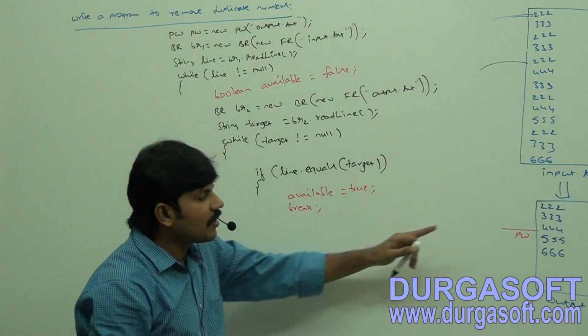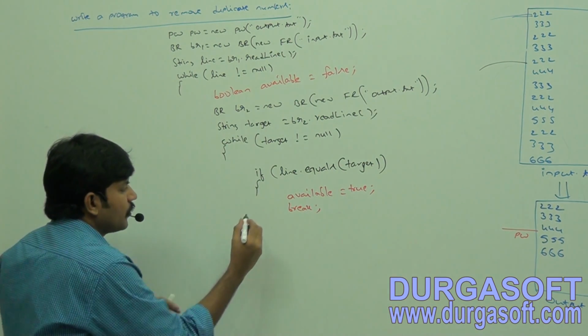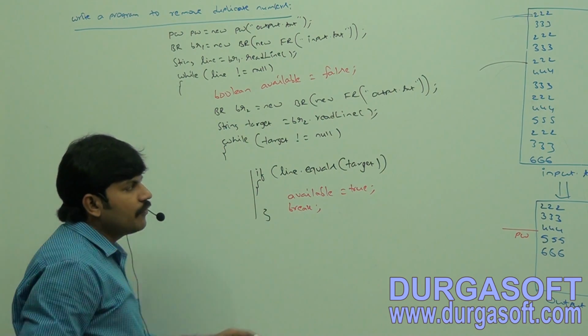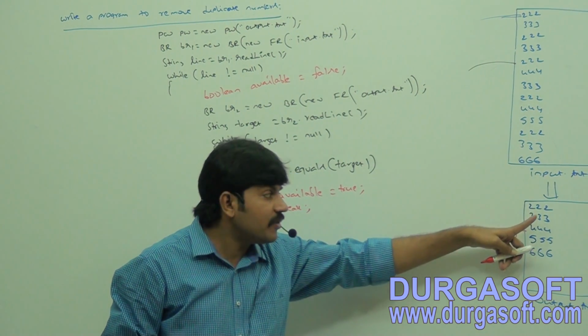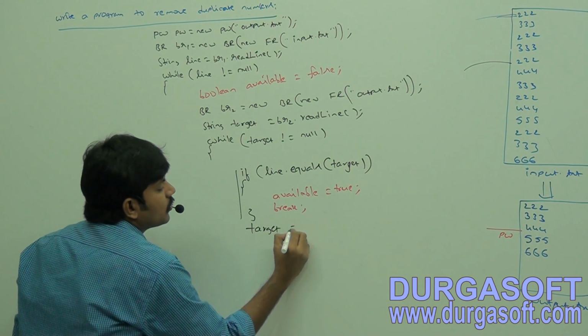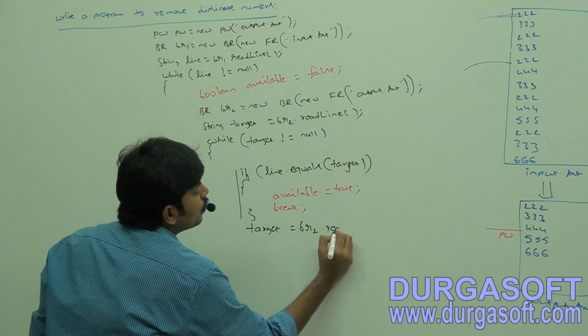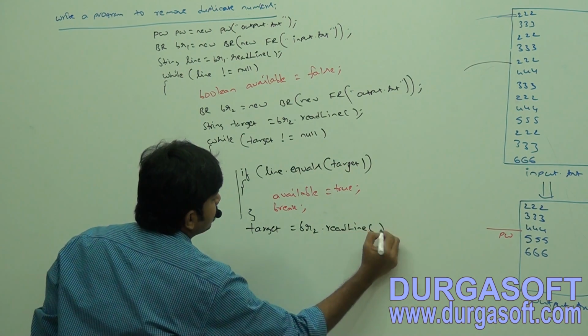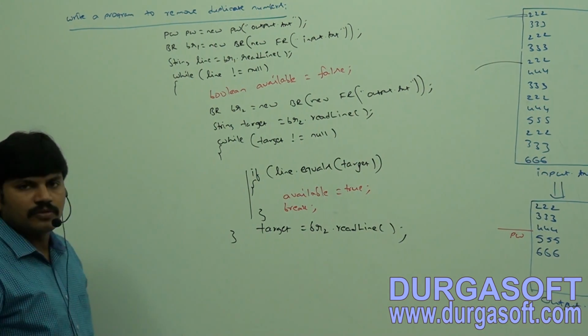You are not required to compare with the remaining lines. If both are not matched, compare with the next number, that's why target = br2.readLine().